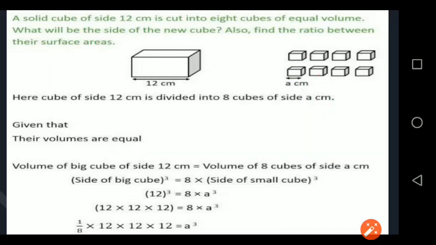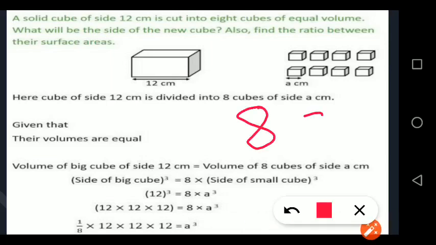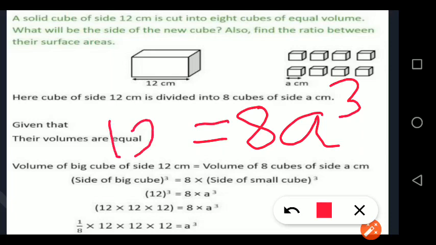So we got the volume of 8 small cubes is equal to 8a cube. Okay. What will be the volume of the big cube? 12 cube. Yes, 12 cube. So this is all 12 into 12 into 12 is equal to 8a cube.